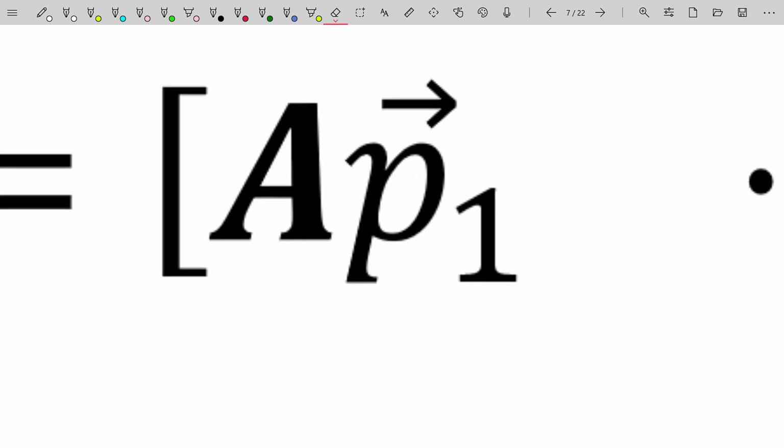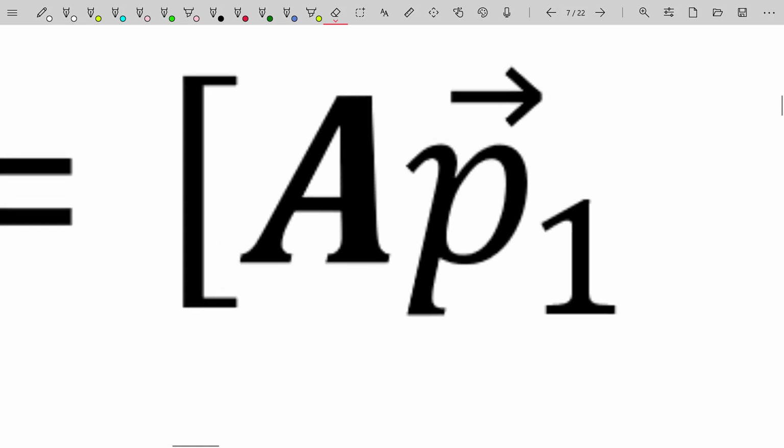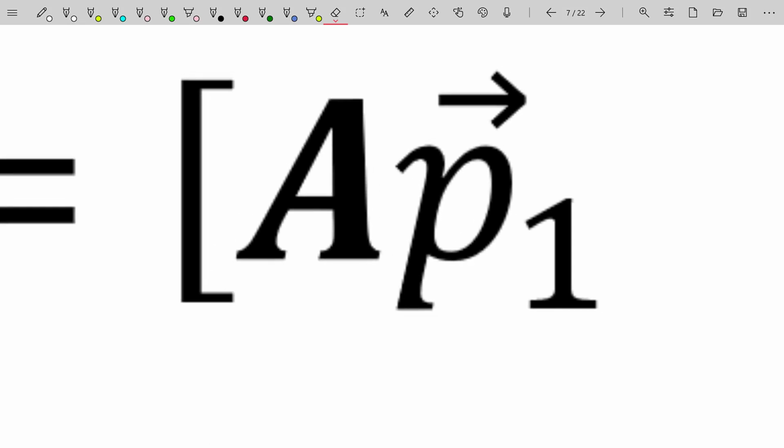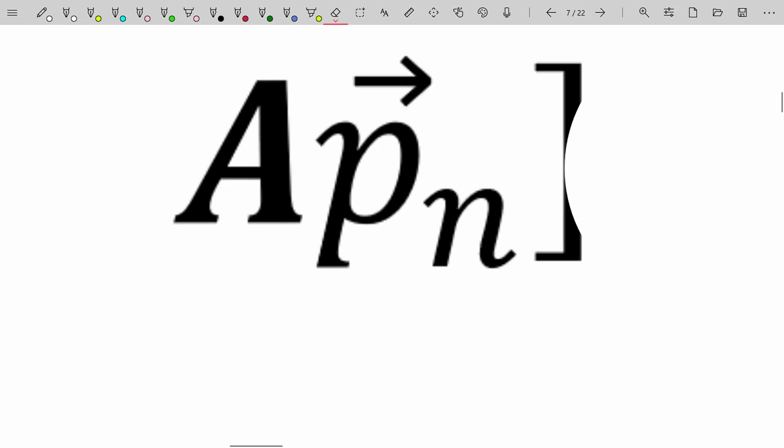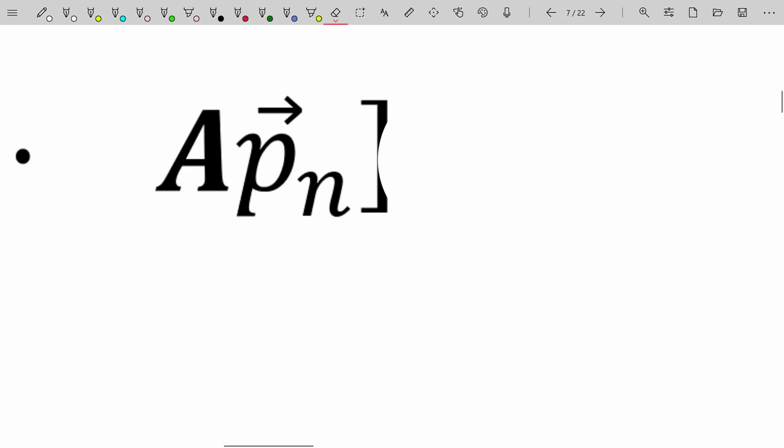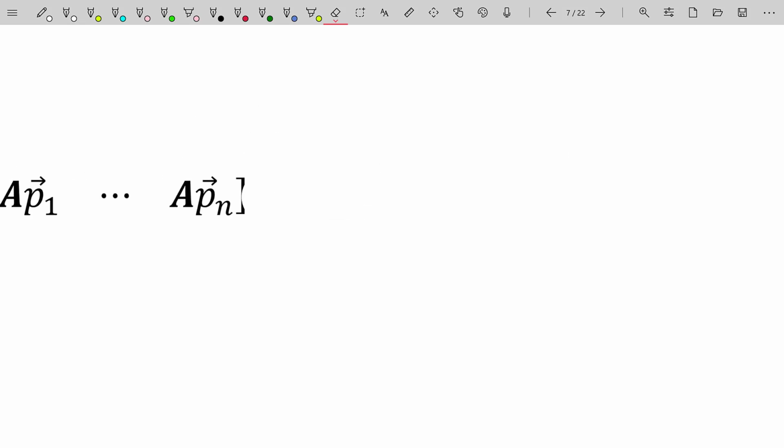They are eigenvectors for the matrix A. That is, when you multiply A times P sub 1, it should end up being lambda 1 times P sub 1. And when you multiply A times P sub n, it should be lambda n times P sub n.